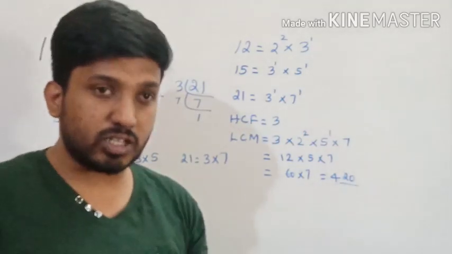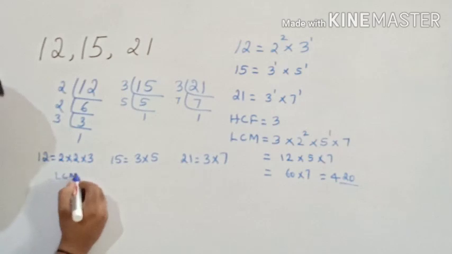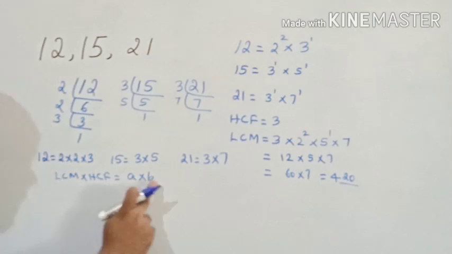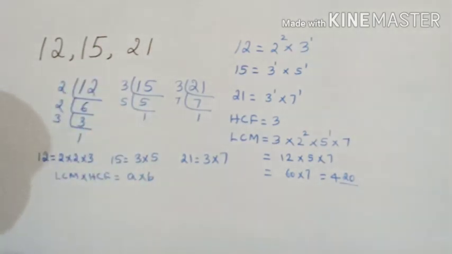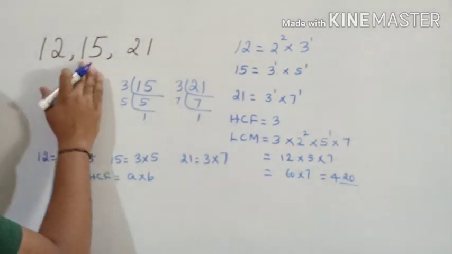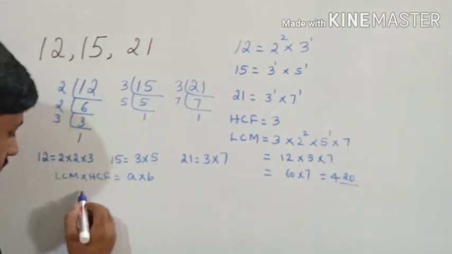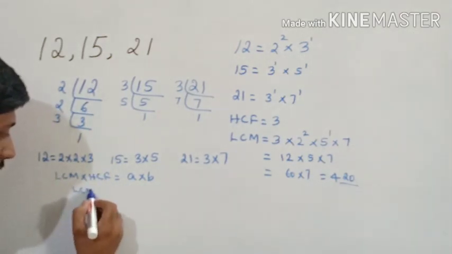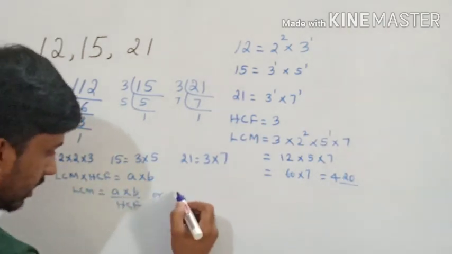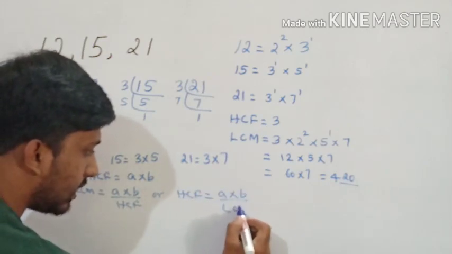Now the amazing relation is: LCM into HCF is equal to A into B, where A and B are the two numbers. So we can take LCM is equal to A into B by HCF, or HCF is equal to A into B by LCM.